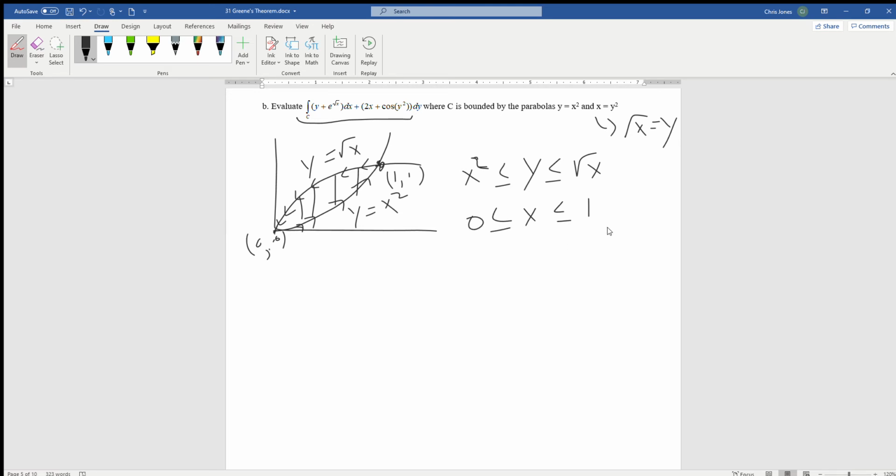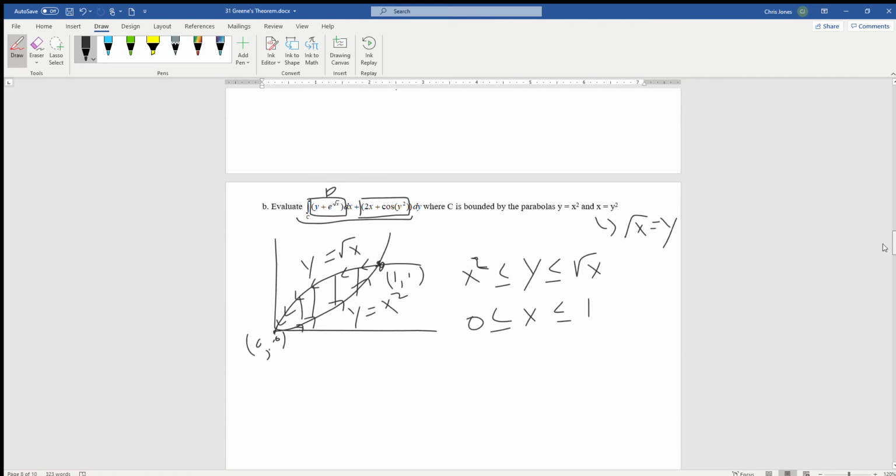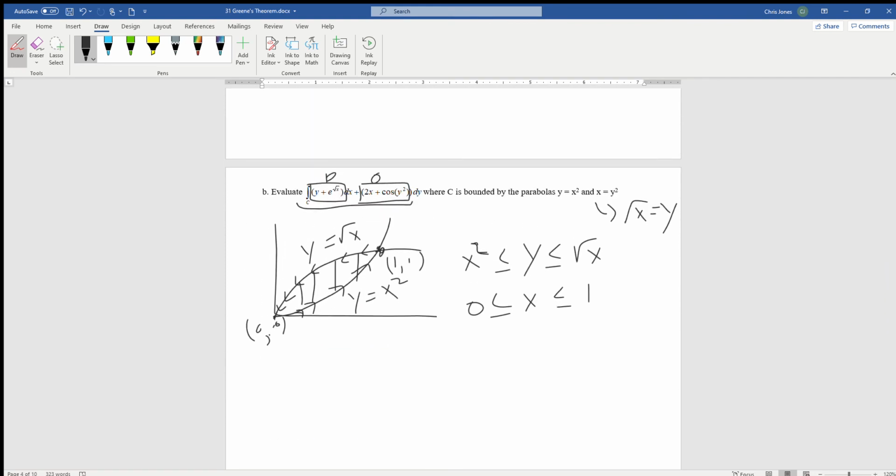Let's define our function P and our function Q. Those are going to be the functions we need to throw into the integral. And this one's going to turn out really, really nicely.